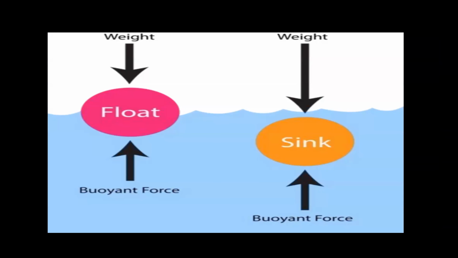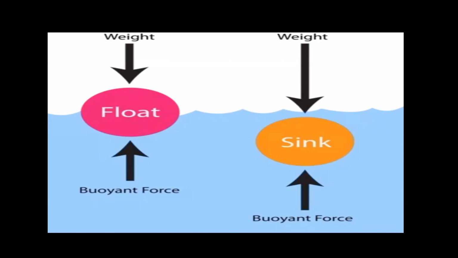So far the topics we have discussed are, first of all, factors affecting upthrust. Then we discussed the method to find the upthrust of a liquid by using a spring balance. And thirdly, we came to know that upthrust is equal to weight in case of floating, and upthrust is smaller than the weight of the body when it is sinking. You can see here, upthrust is also called buoyant force. Please remember this.